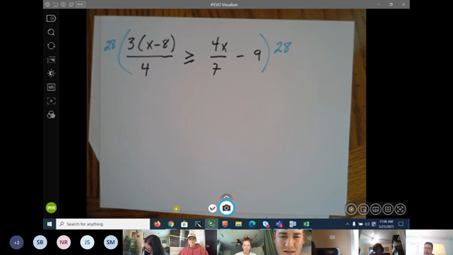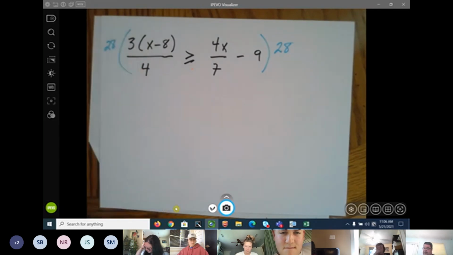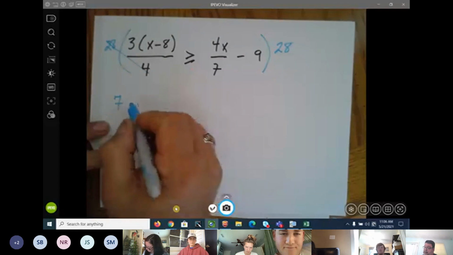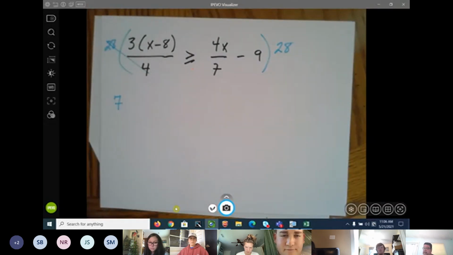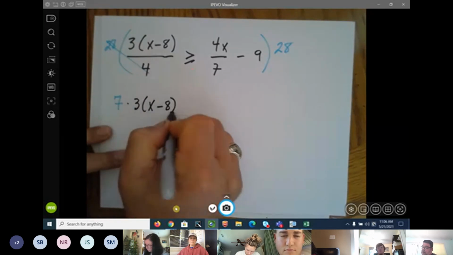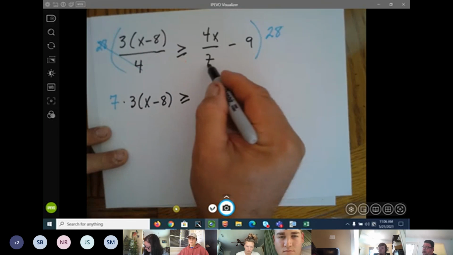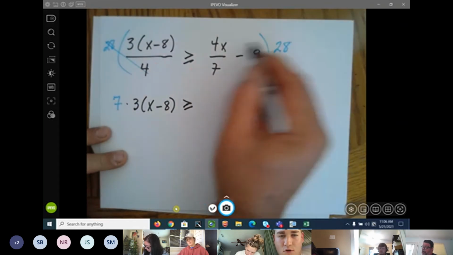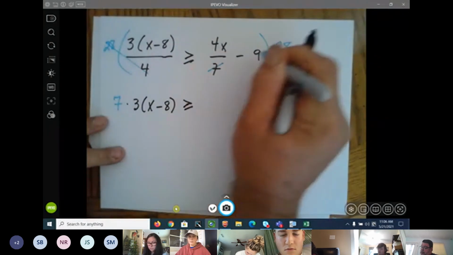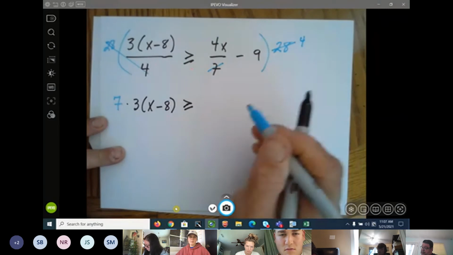All right, so that 28 will cancel with that 4, and that'll leave a 7 times 3 times x minus 8. And that 7 will cancel here and make a 4 times 4. So that'll be a 4 times 16.